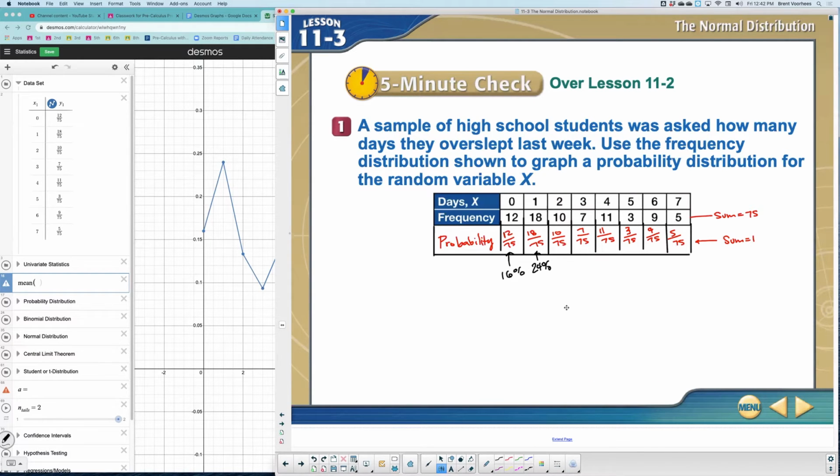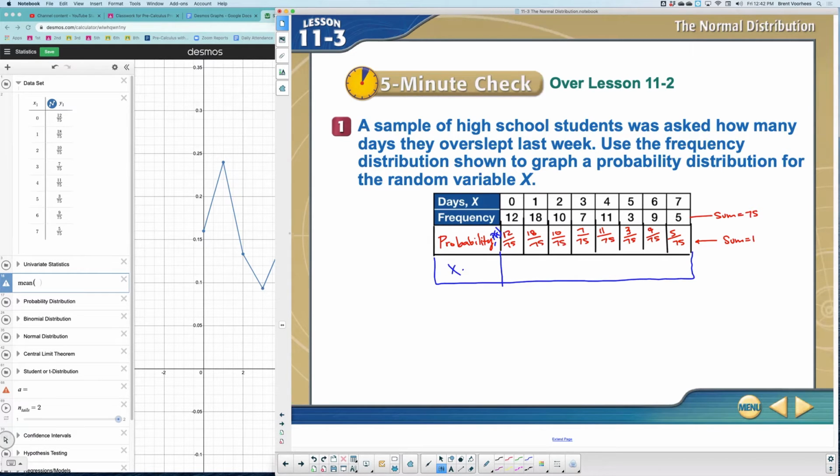If you remember, the way you determine the mean is you multiply the x value times the probability p of x. Let's write that in here. This is the expected value we're trying to solve.